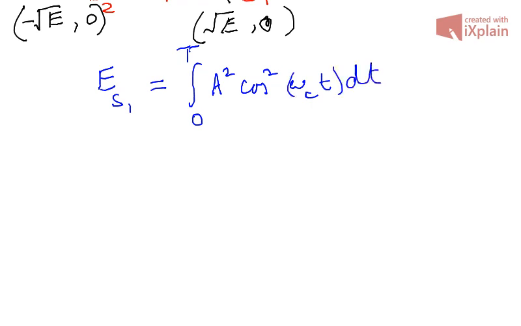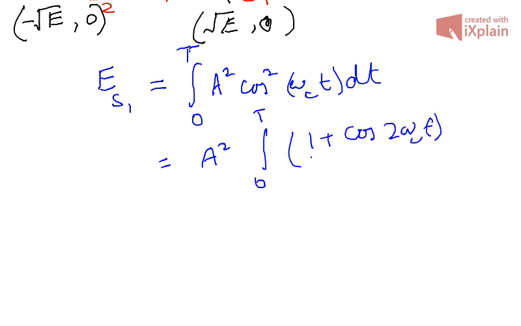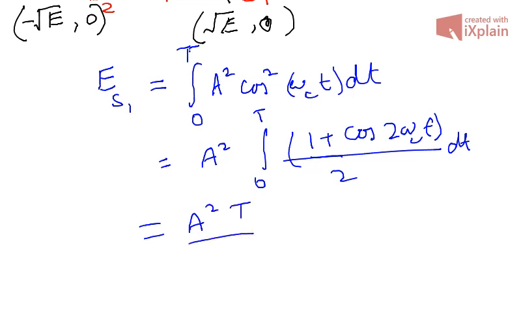If you solve this integral, A squared, 0 to T, 1 plus cos 2 omega ct over 2, you will get A squared T over 2. So this is the energy of signal S1.